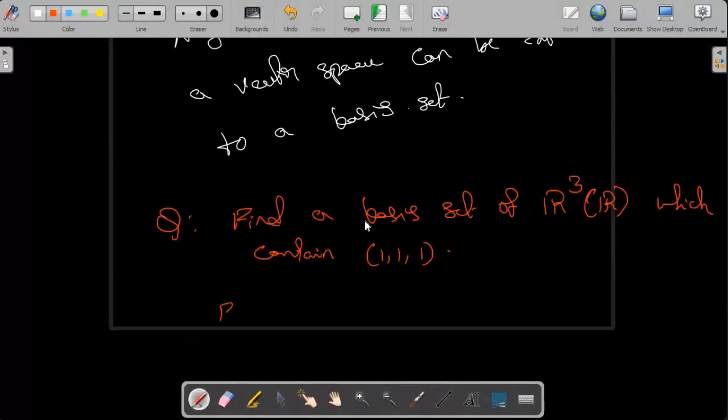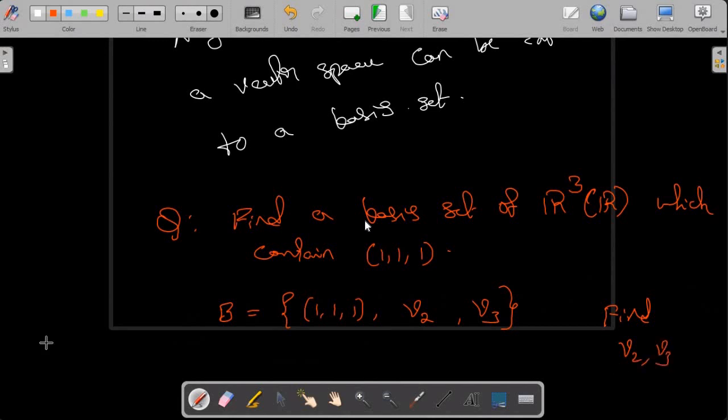It means this is what we require. We need a basis in which (1, 1) is one vector and v2, v3 are the remaining 2 vectors. You try to find v2, v3. This is the question. Find v2, v3 in such a way that this set becomes a basis set. That's it. Okay, try to think about this question.